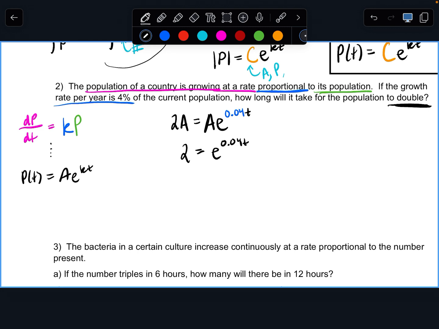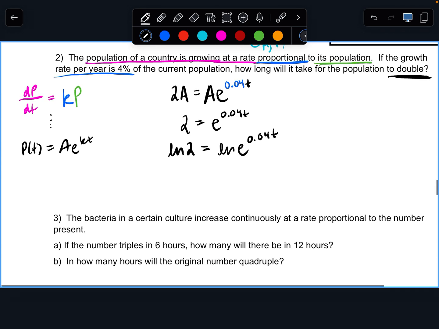Usually on multiple choice. I haven't seen one on free response, so maybe this will be the year they decide to throw us. But otherwise, now we're just solving for your T. So you're taking natural log of both sides. Natural log of 2 is 0.04 T.